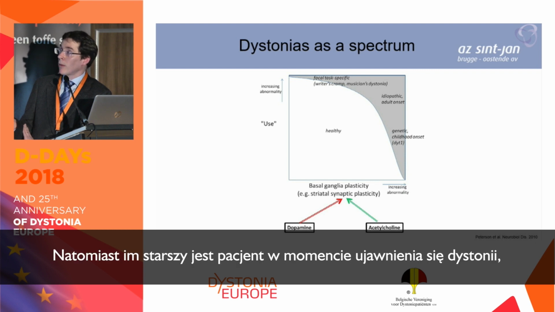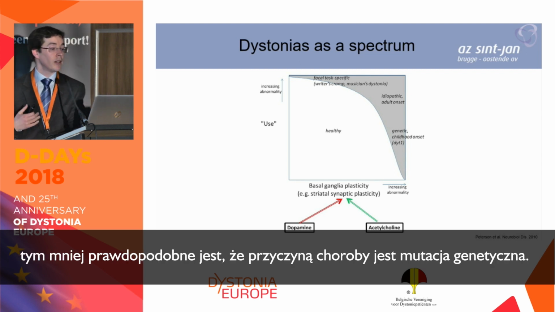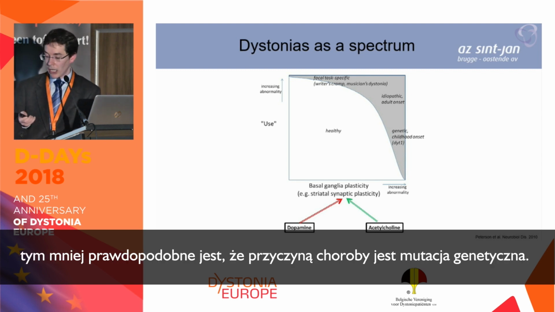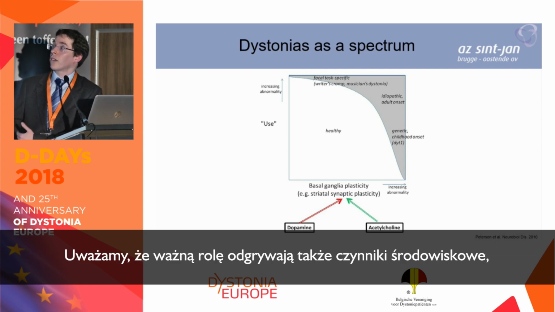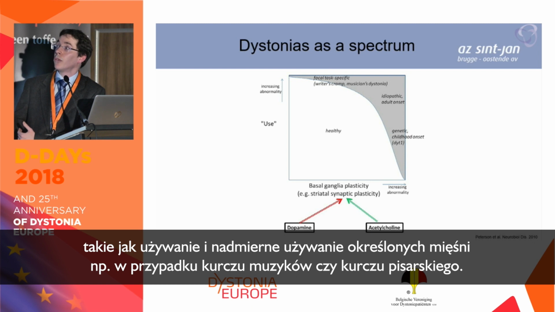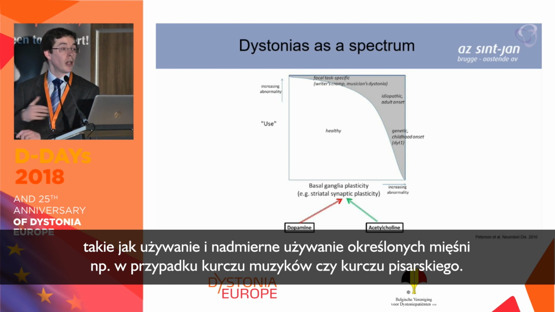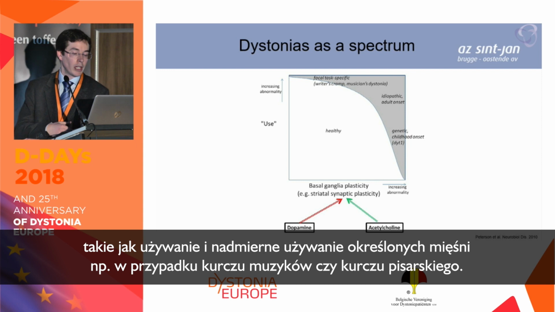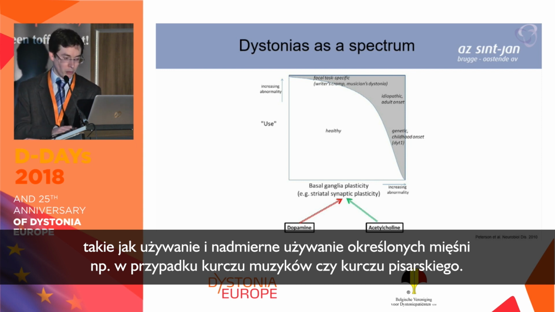And we know that the older the patient is when the patient develops a dystonia, the less likely there is an underlying genetic mutation. And we think that environmental factors like overuse in musicians' dystonia, writer's cramp, overtraining of certain muscles plays a more important role.